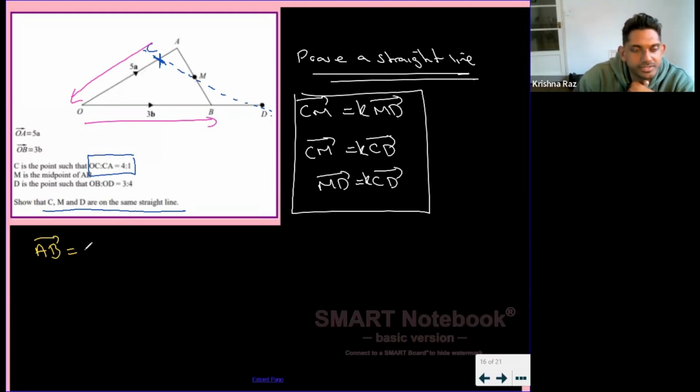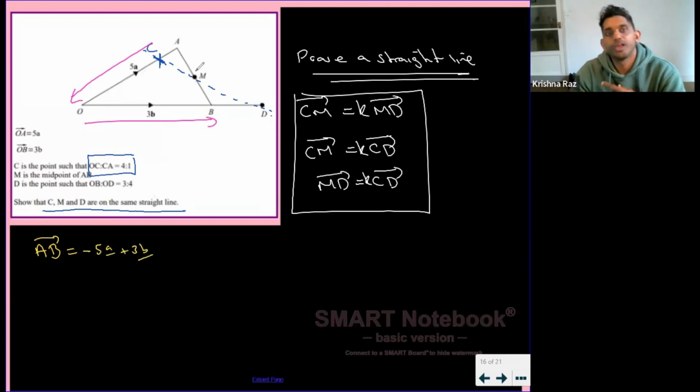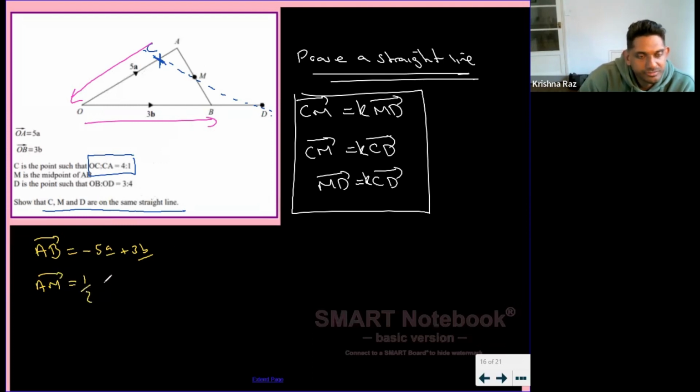So we have negative 5A plus 3B. And therefore, AM is going to be half of that, because M is the midpoint. So we have half of what I've just written there. So let's put 3B minus 5A. Looks a bit neater.